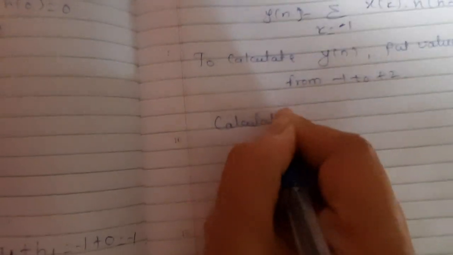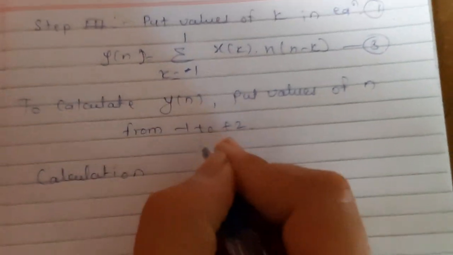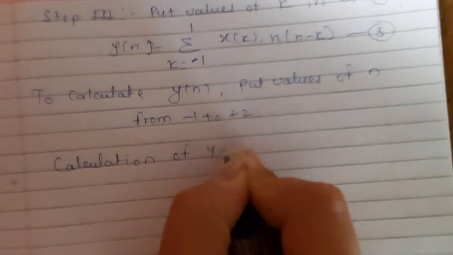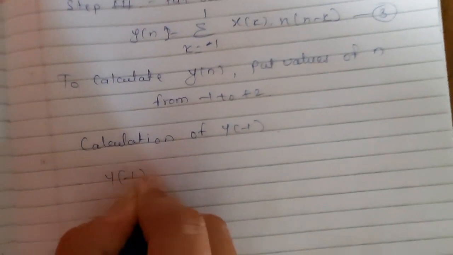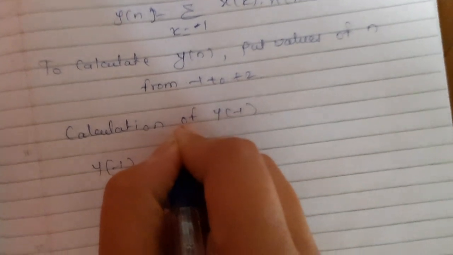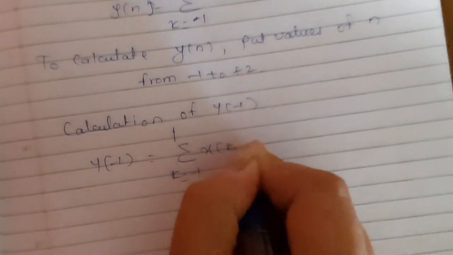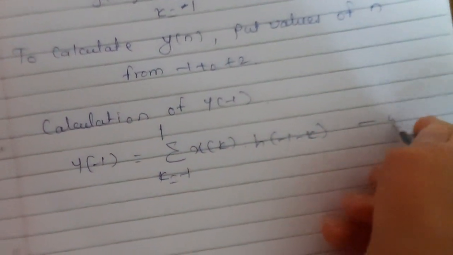Now this is the calculation of y of minus 1. So the equation for this is y of minus 1 is equal to summation k changes from minus 1 to plus 1 x of k into h of minus 1 minus k. This is equation 4.